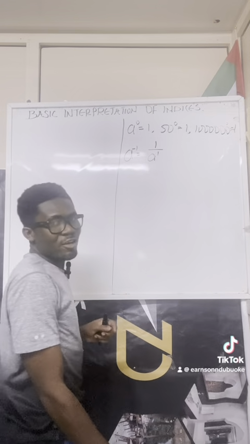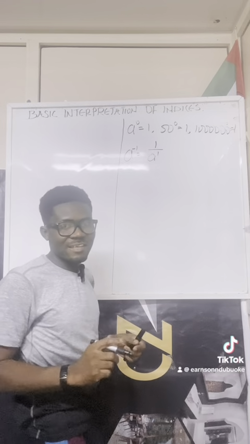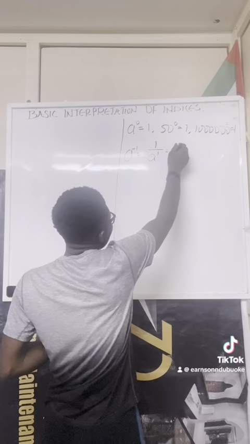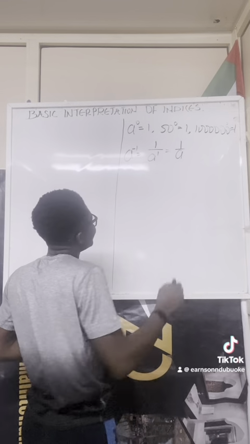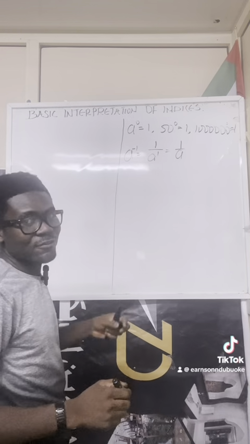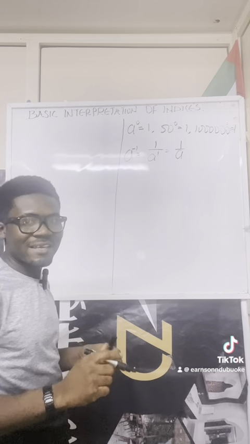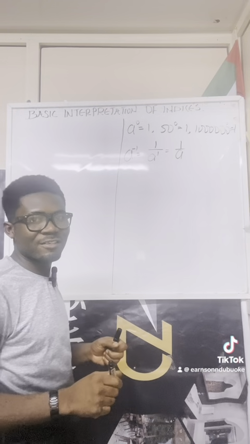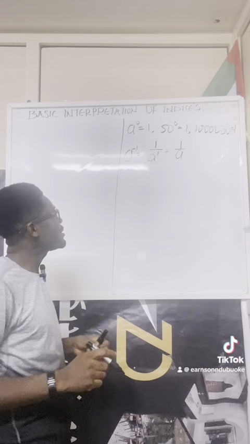And any number raised to the power of 1 is that number. So here it is 1 over a. A number with negative power can be taken as the reciprocal of the result when the negative sign is removed.